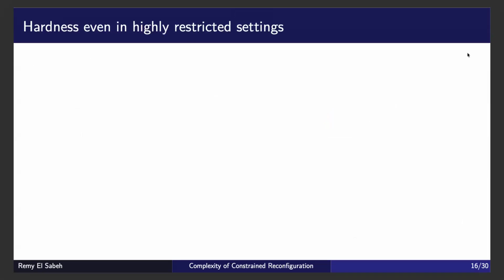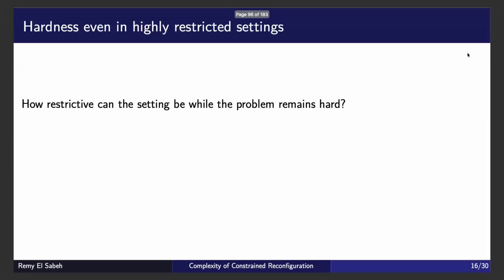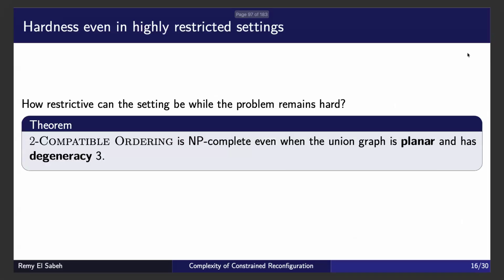Okay. So to start, we look at a hardness result. The idea here was to try to push things as far as possible without sacrificing hardness. So what we ended up with is 2 compatible ordering being NP complete when the union graph is planar and has degeneracy 3.